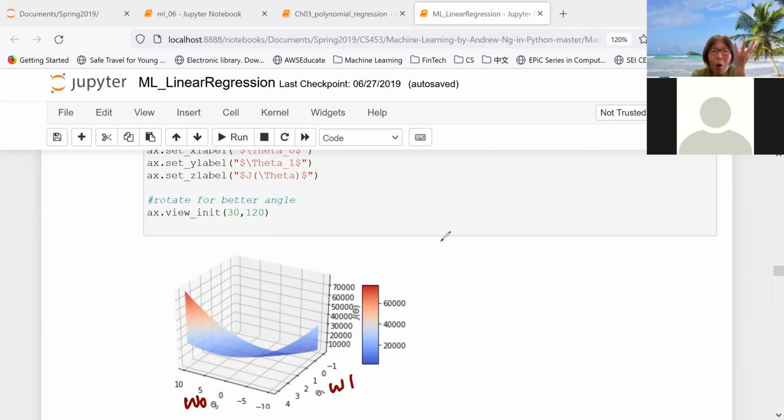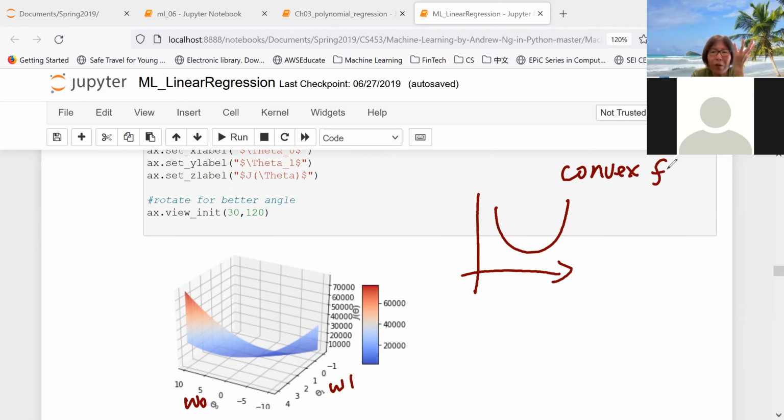And if you recall back, generally for one dimension, the cost function is a convex function. And here we can see, because we have W0 and W1, we want to know the relationship of the cost function.